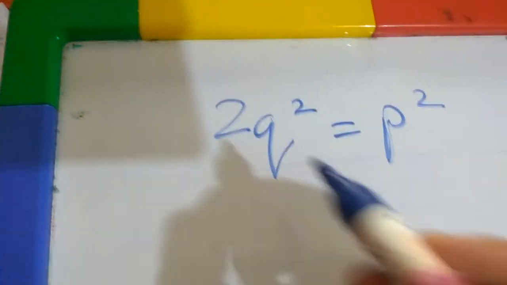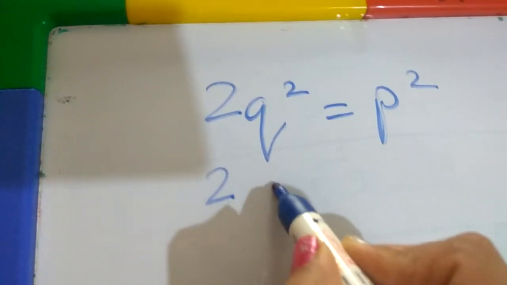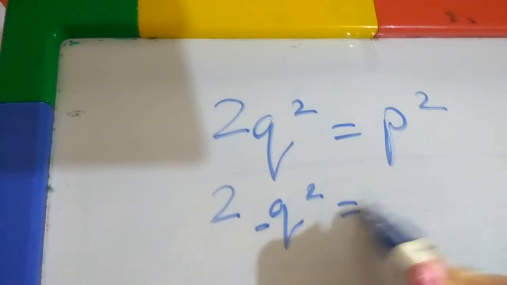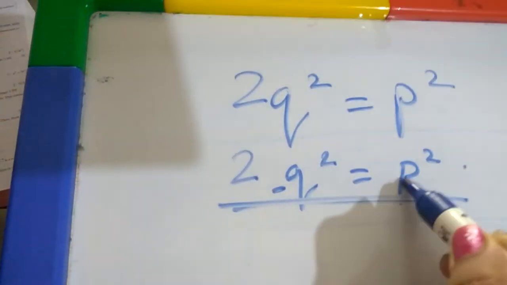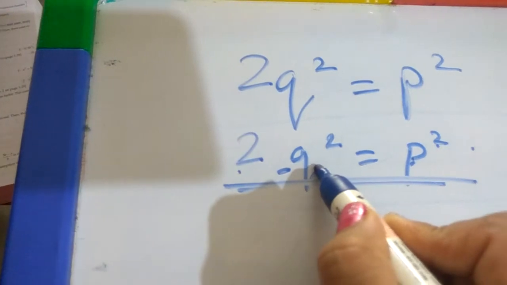So that means 2 and q squared both are factors of p squared, as p squared is expressed as 2 times q squared.